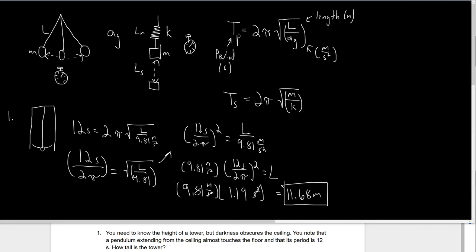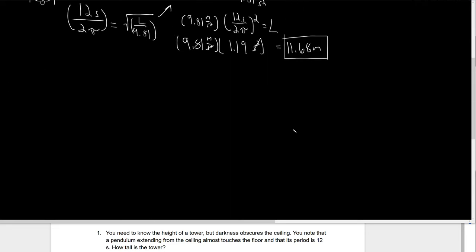One last thing I do want to talk about, since we are talking about harmonic motion. Period is how long it takes for one revolution to occur.